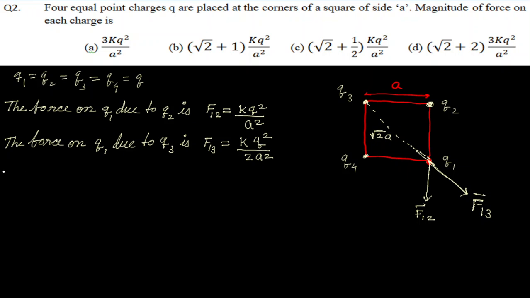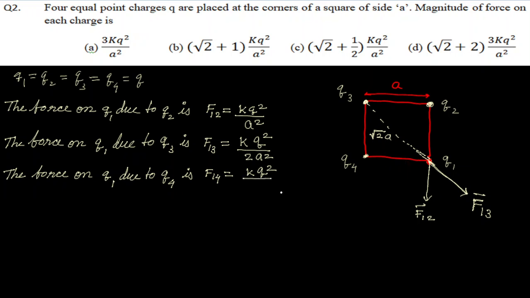Okay, and then the force on Q1 due to Q4, F14, is equal to K Q square divided by the distance between these two charges.